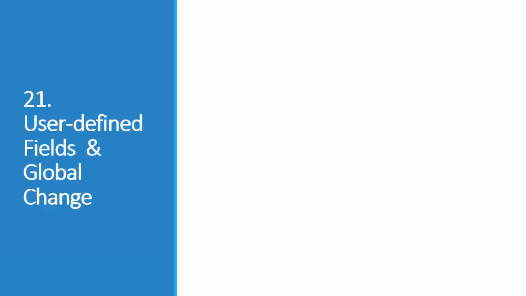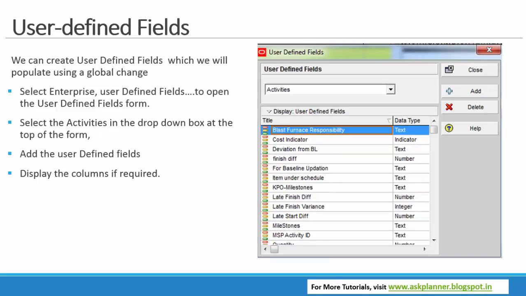User defined fields and global change. User defined, as the name indicates, means that we can create user defined fields which we will populate using a global change. For example, I would like to see my company based unit, so I will be changing the default field.